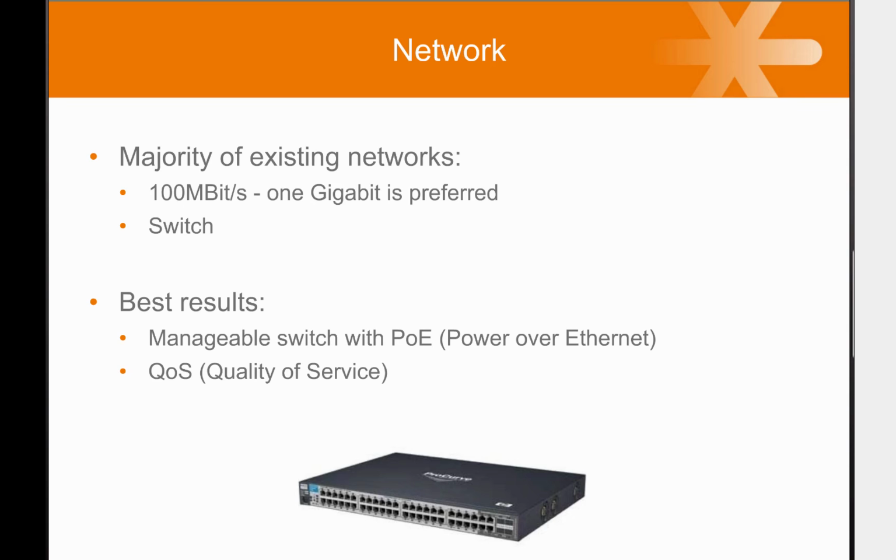Most of the desktop phones you can use for voice over IP can get their power via Ethernet, so there is no additional power supply necessary. You just need a network cable, you plug it into your network outlet and the phone starts. And QoS, quality of service, would also guarantee best results.